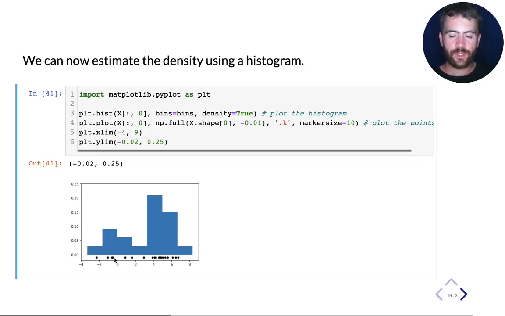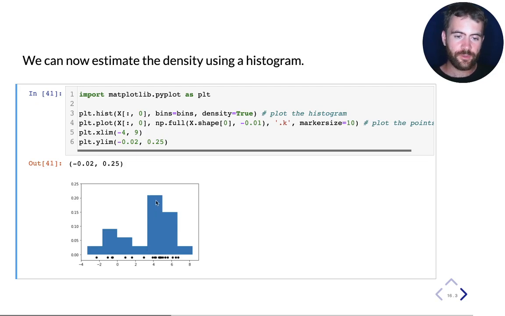And if I count how many points are in each bin, so each rectangle here, this one, this one, this one, these are all my bins, and I can count how many points fall in each bin, and I can normalize, and this gives me the following histogram. If you're familiar with what a histogram is, this should be very straightforward.